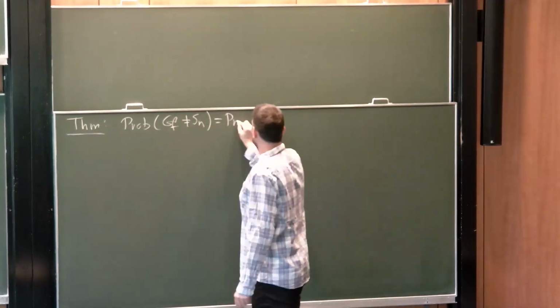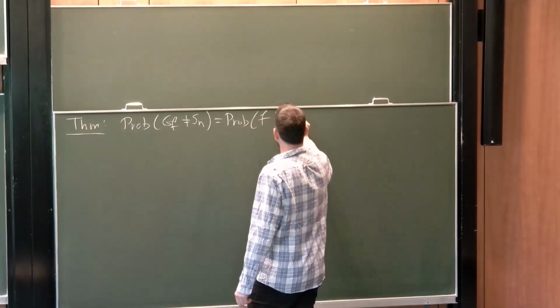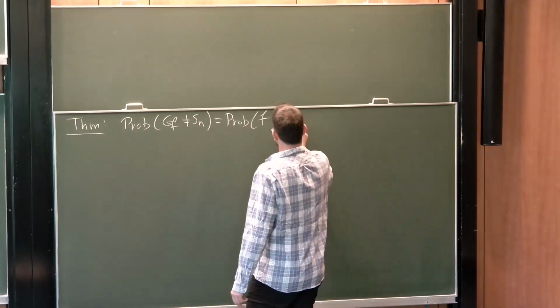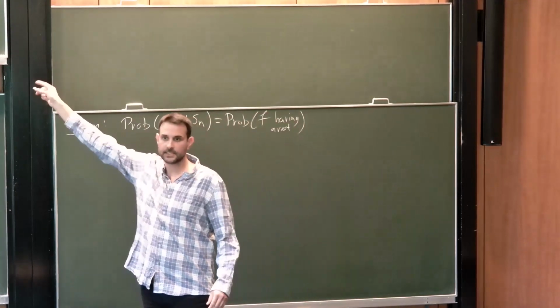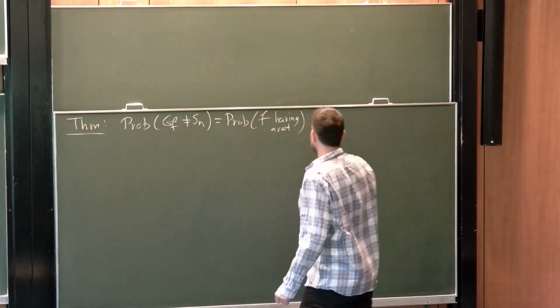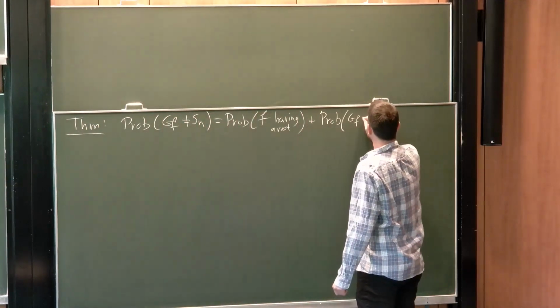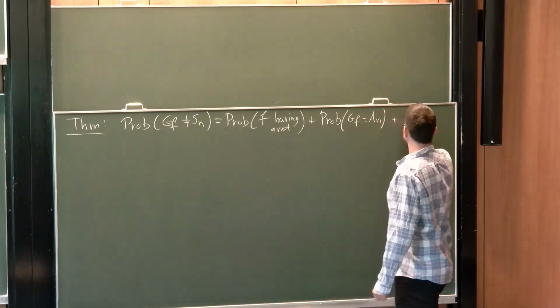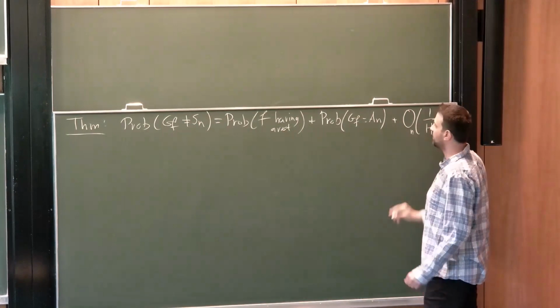One option is the probability of F having a root, which we understand very well. It's very easy to compute. It's some explicit constant divided by h, plus the probability that the Galois group is A_n, plus an error term of 1 over h squared, depending on n.